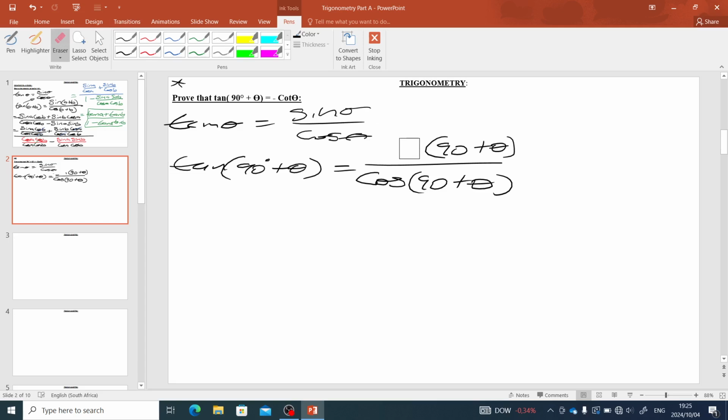Now it will be equal to, from there we will be applying the compound identity formulas.